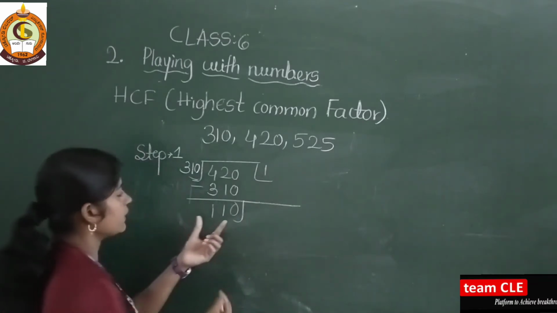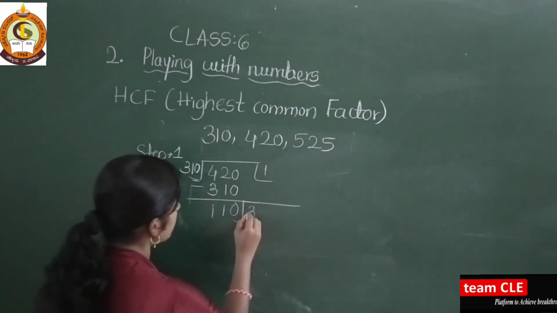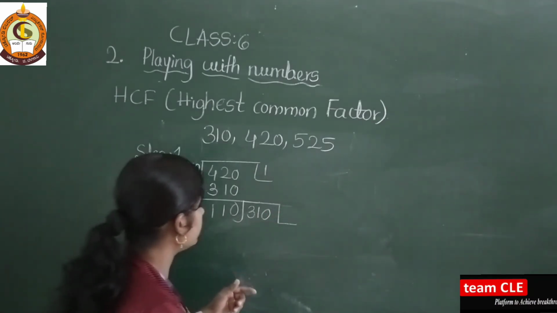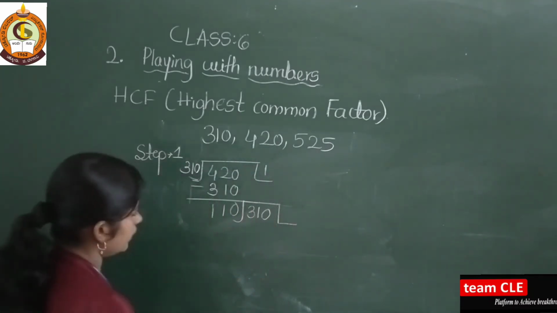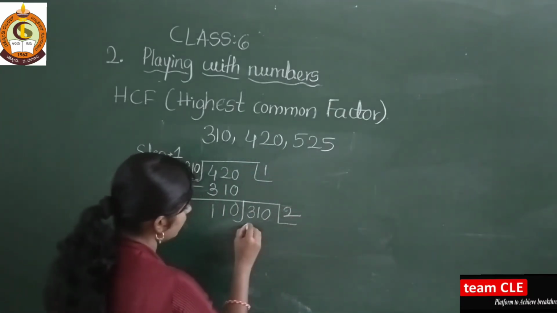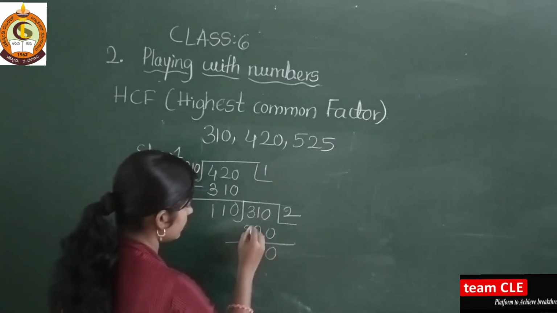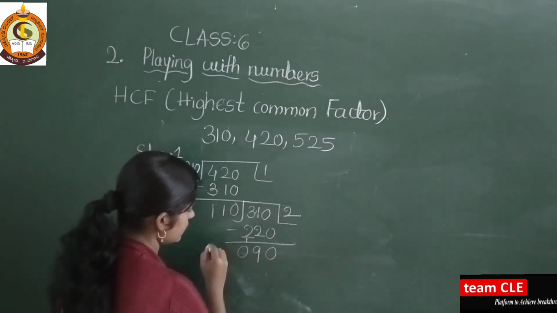Again here I got remainder as 110. You divide with this divisor 310. Next here, 110 2s, how much will come here? 220. So I will take here 2s are 220. 0, and 1 minus 2 is not possible, take carry. 11 minus 2 is 9, 3 minus 3 is 0.